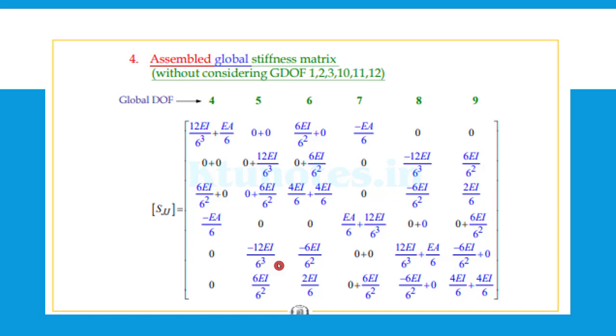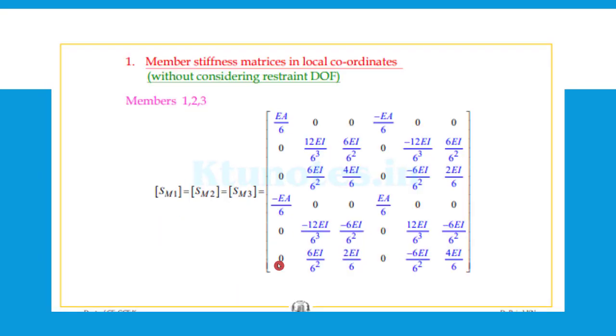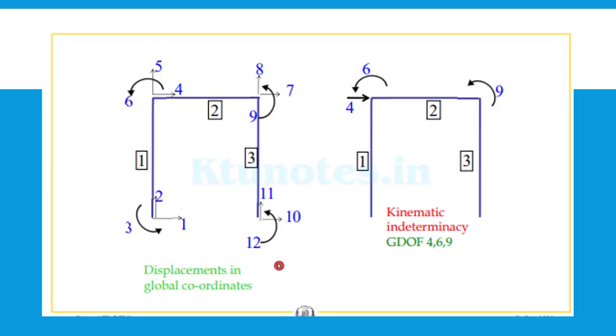So we know that 4, 5, 6, 7, 8, 9. That is, in the global degrees of freedom, you know 1, 2, 3 will be 0, 10, 11, 12 will be 0, 4, 5, 6 will be there, then again 7, 8, 9 will be there. So only these coordinates are taken in the global coordinates.